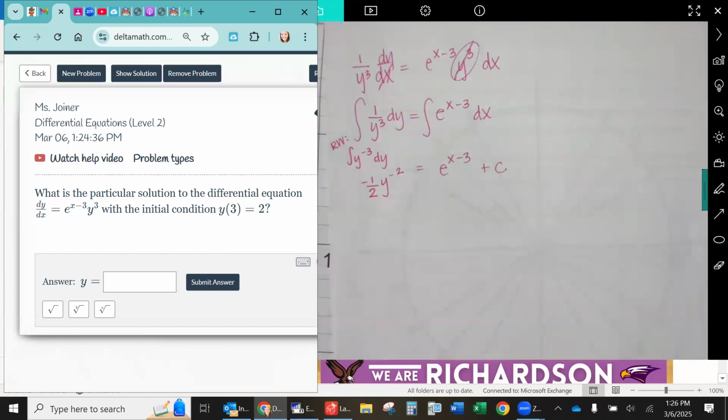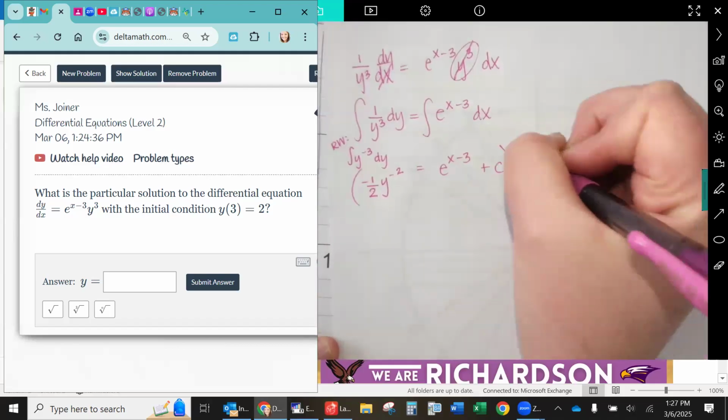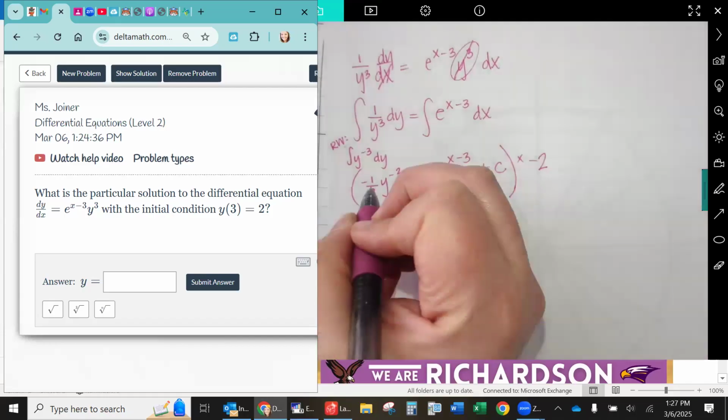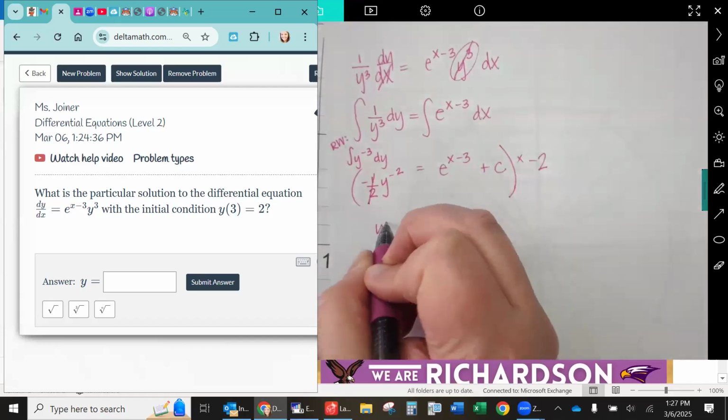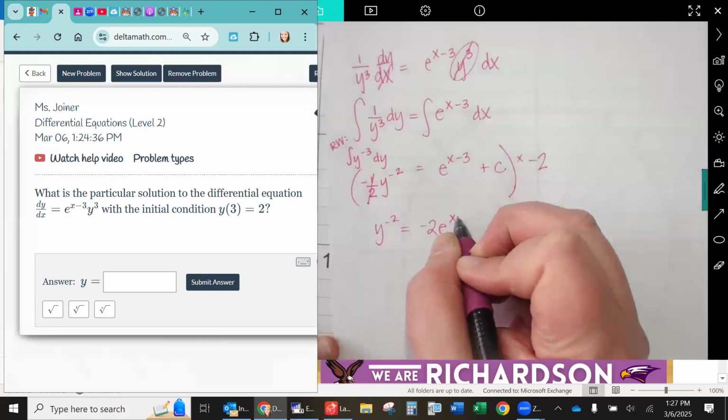Now remember, we want this y to be by itself. So if I have a divide by negative 2 in the front, how can I undo that? Multiply by negative 2. And remember, technically, we need to do the whole equation by that. So my negative 1/2 is gone. Now this is a negative 2e to the x minus 3.